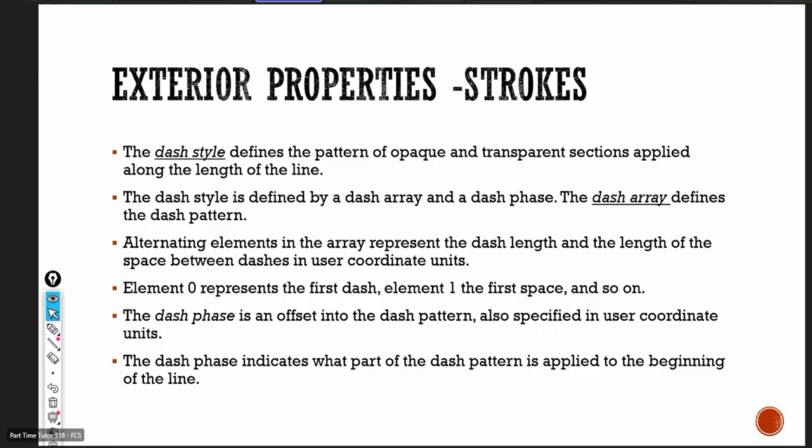And for the dash style, it defines the pattern of opaque and transparent sections. We can have it opaque, then transparent, then opaque, then transparent, and so on. So we can give an array describing the dash style. The dash style is described by giving an array and the dash phase. The dash array defines the dash pattern. So how to create this array?